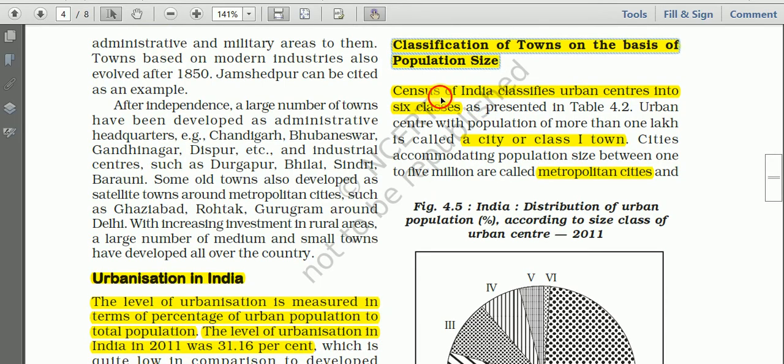Let us read: Census of India classifies urban centers into 6 classes, as presented in table number 4.2.